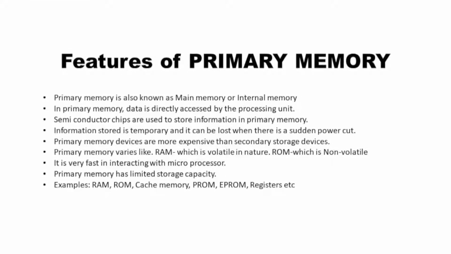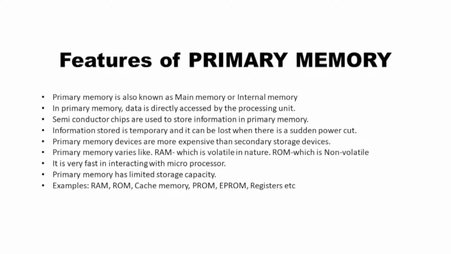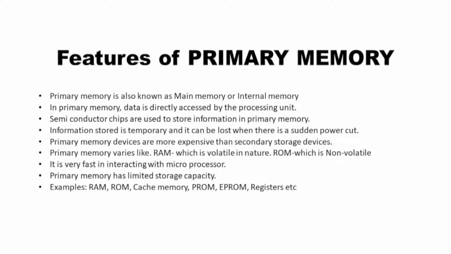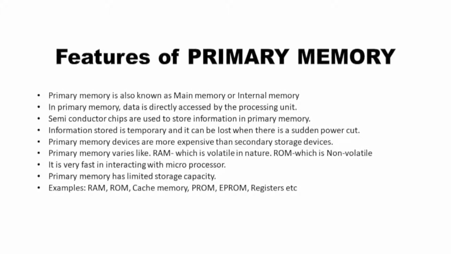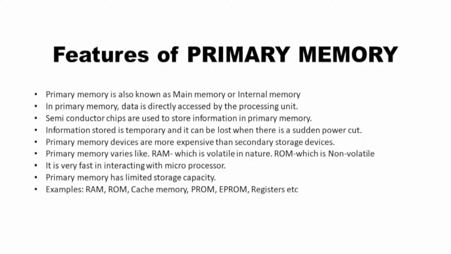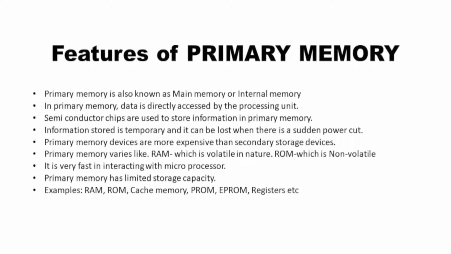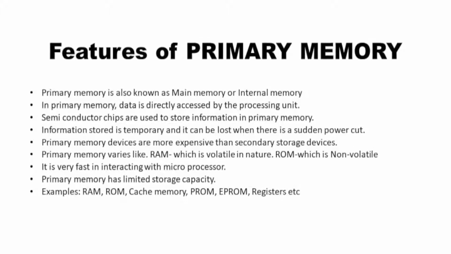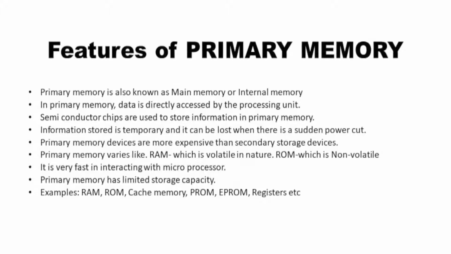In primary memory, data is directly accessed by the processing unit. Semiconductor chips are used to store information in the primary memory. Information stored is temporary and it can be lost when there is a sudden power cut. Primary memory devices are more expensive than secondary storage devices.